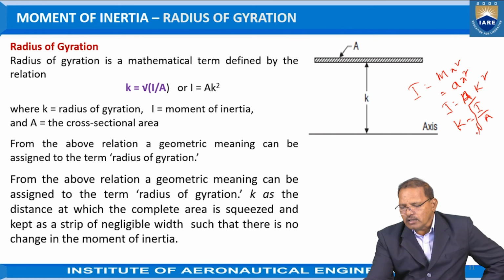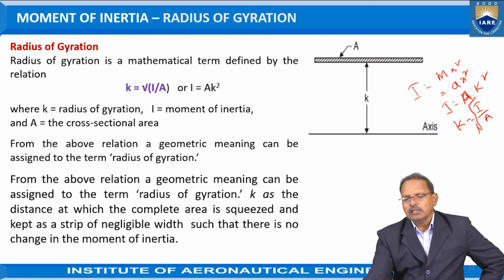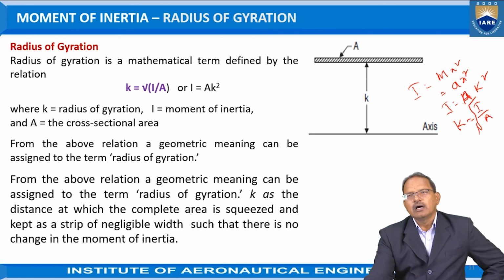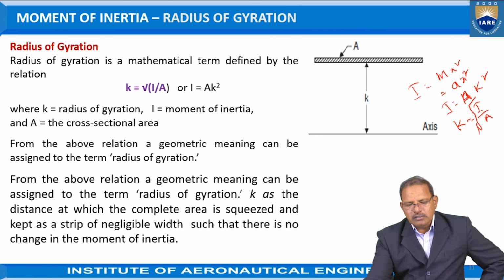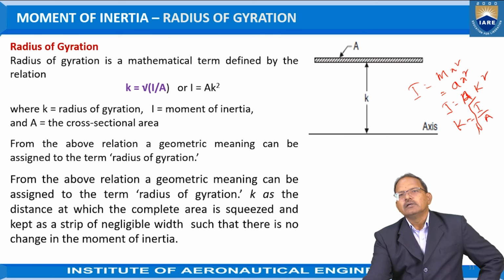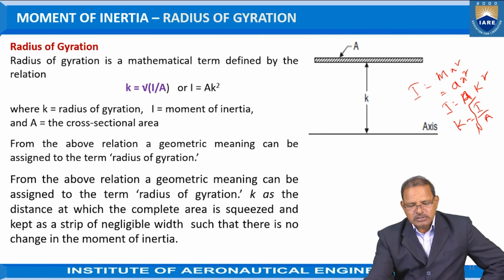Where k is representing the distance between the reference line and the center of the given segment or plane, at which the entire area is assumed to be concentrated. Then that k is called the radius of gyration, and I here represents the moment of inertia of that entire area about an x-axis. A is representing the area of the cross section.